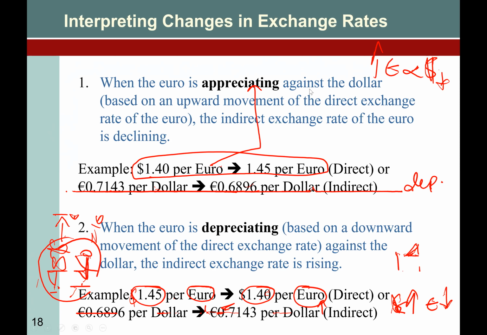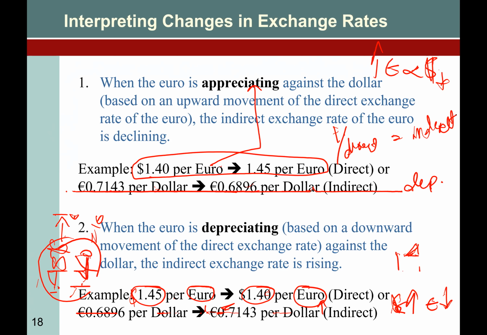So you just need to choose one system, either the direct quotation system or the indirect quotation system. You will know that. And remember, there is a difference between direct and indirect. If you are dealing in direct, just divide 1 by the direct, and you will find out the indirect.